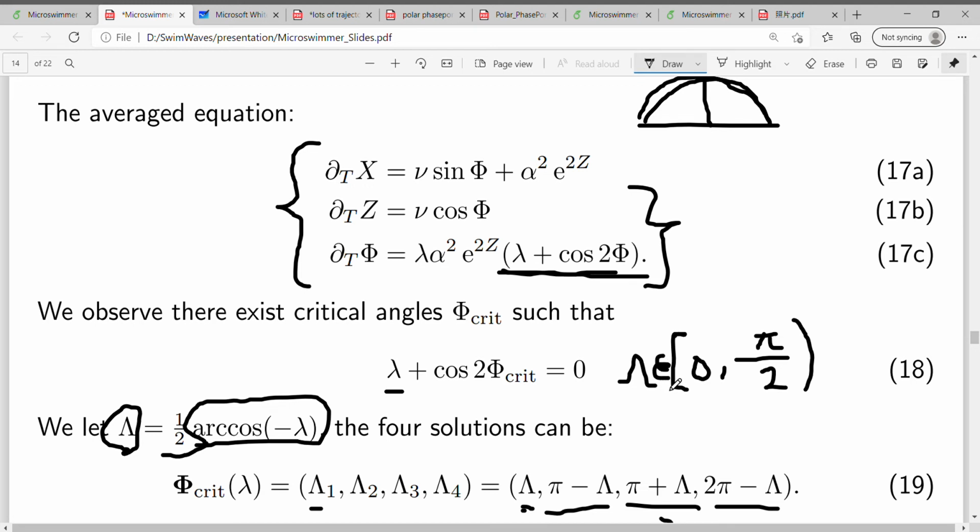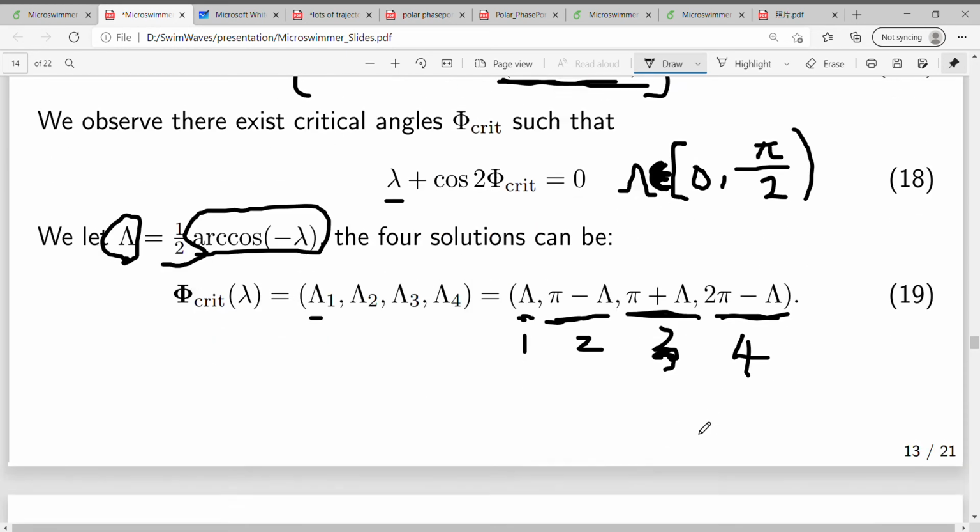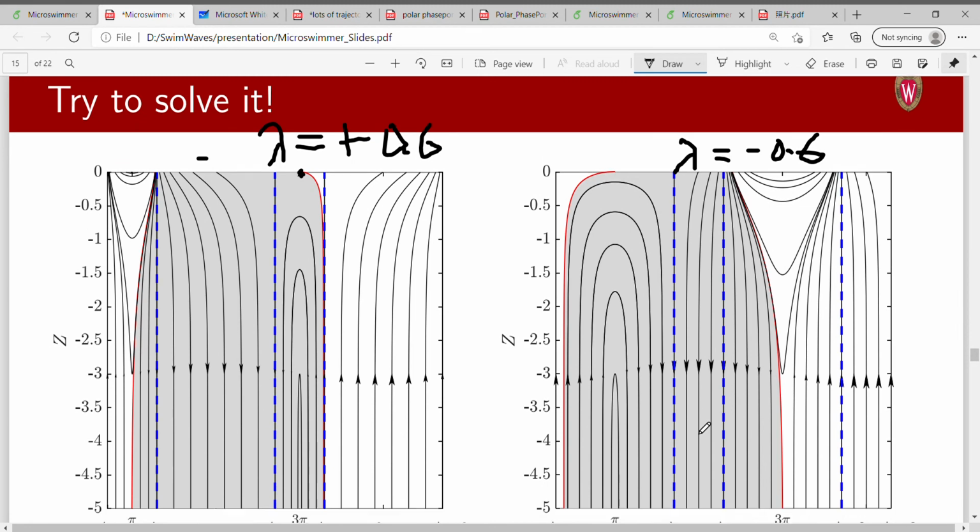Okay, and actually this equation has 4 solutions in total, which are phi crit, pi minus phi crit, pi plus phi crit, and 2 pi minus phi crit. And these four solutions lie in the 4 quadrants respectively, which means that this one is guaranteed to be in the first quadrant, this one will be in the second quadrant for sure, this one will be in the third quadrant for sure, and this one will be in the fourth quadrant for sure. Okay.